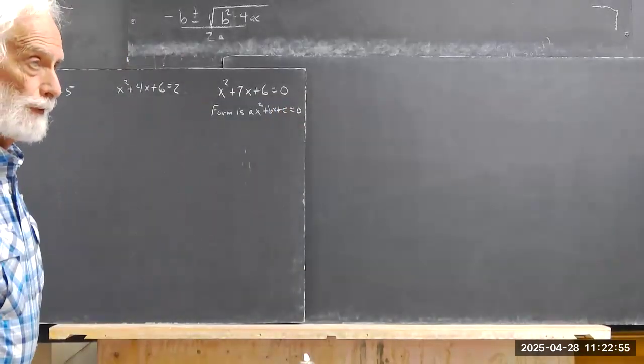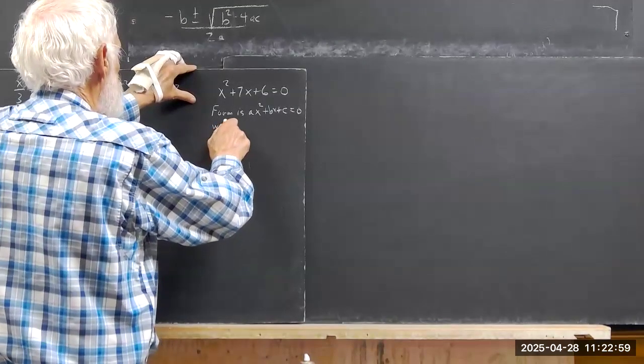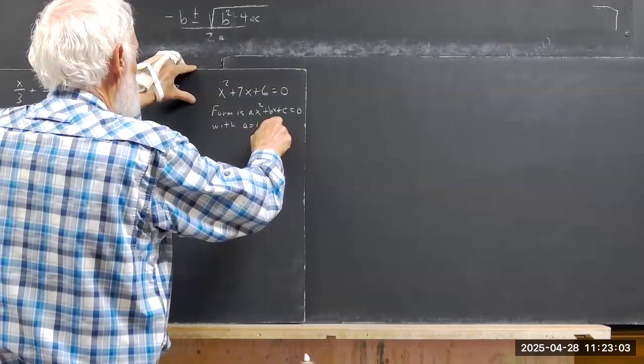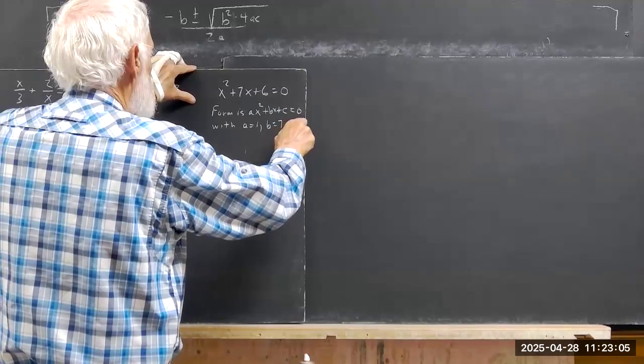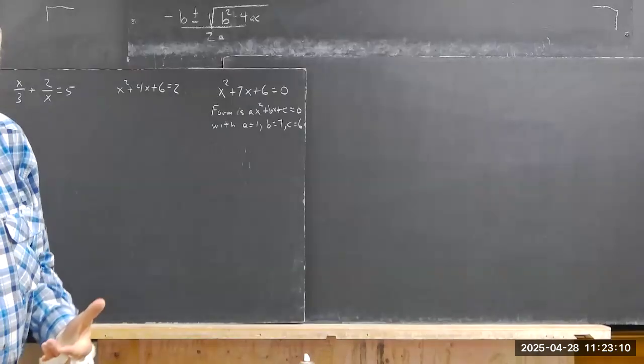Ax squared plus bx plus c equals 0. If a equals 1, b equals 7, and c equals 6.